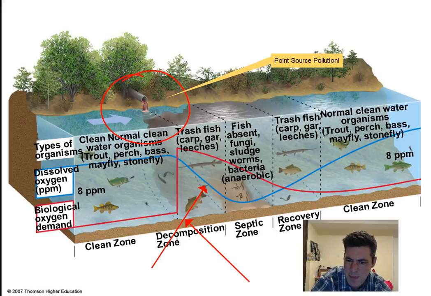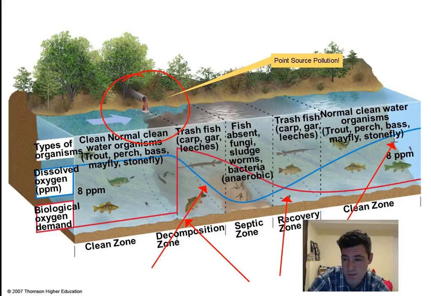A lot of death happens, not good. And then as you make your way downstream and the amount of nutrients is not as concentrated, your oxygen levels will start to go back up again. As you make your way even further away from that point source, your oxygen levels will come back to normal. So the speed of the river has a lot to do with this.